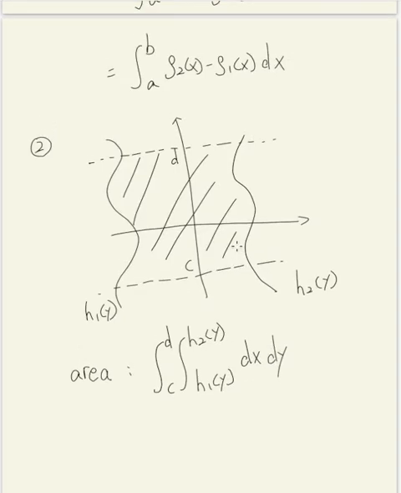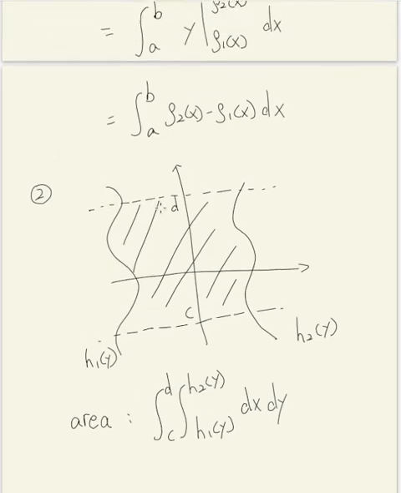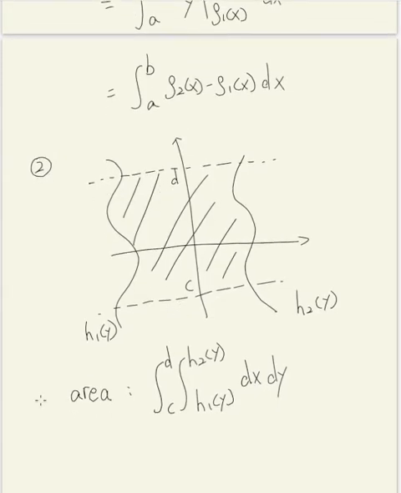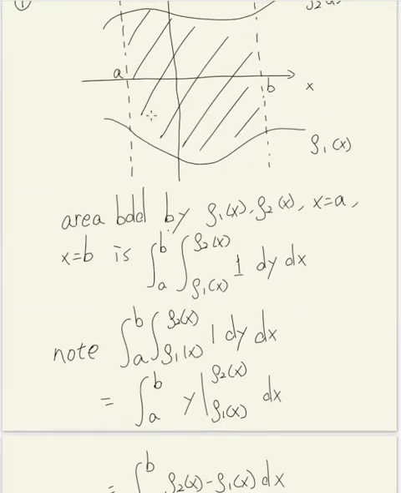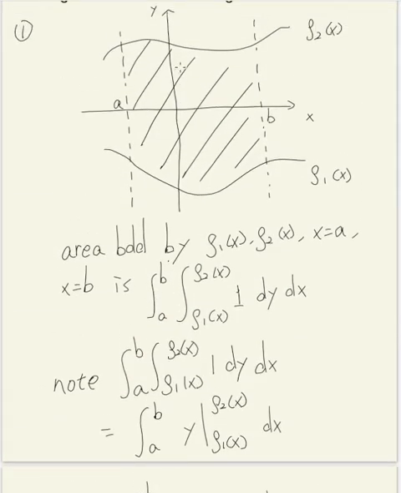All right, so if the shape looks something like the first one, then we integrate with respect to x first and then y. If the shape looks something like this, then we integrate with respect to y first, then x. Why? Because it's very simple. If the upper bound and lower bound of the shape are not straight lines, they're functions that depend on x. Therefore, you must integrate with respect to y first.